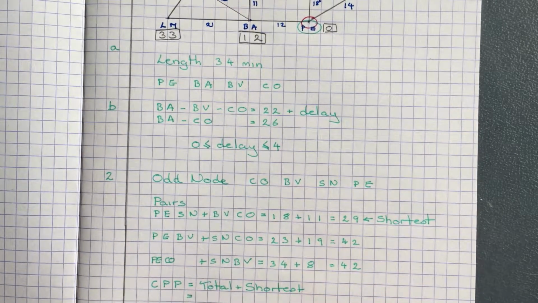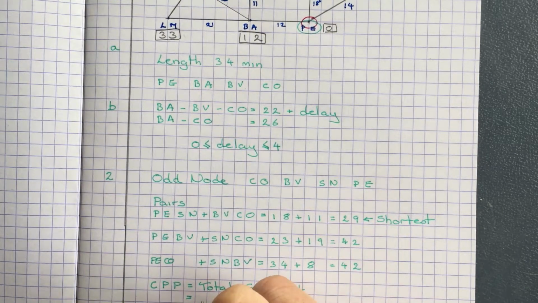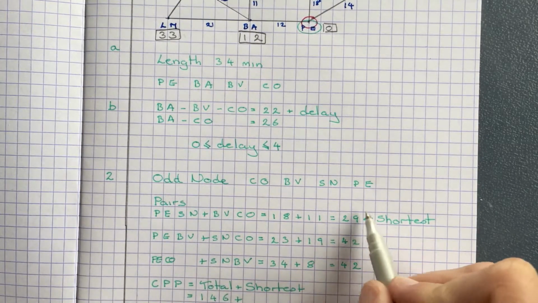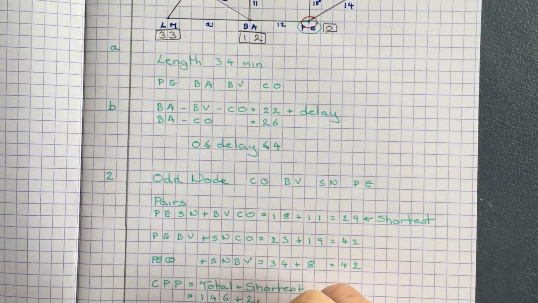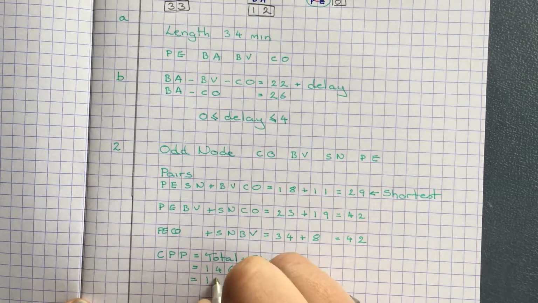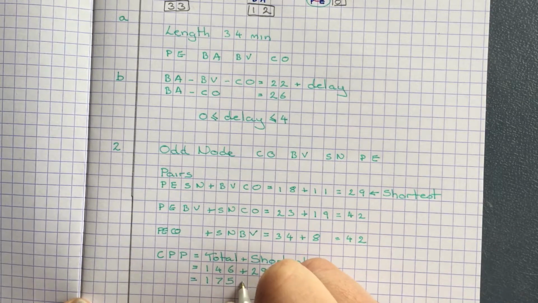So our total, if we add all of that up together, I make it 146, plus our shortest pair at 29. So that should give us an answer of 175 minutes.